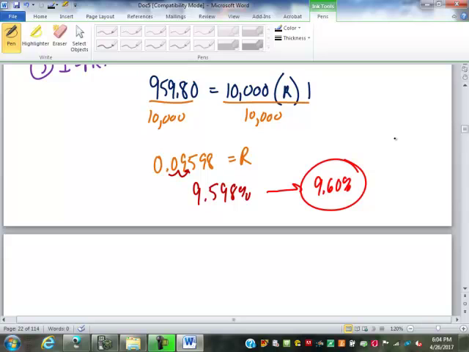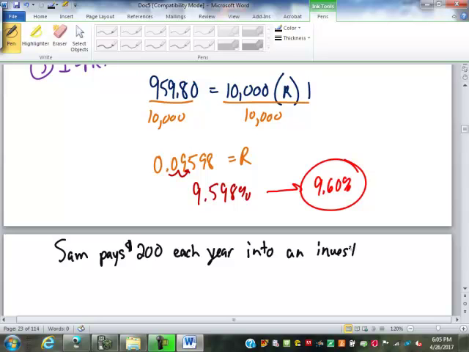Okay. So Sam pays $200 each year into an investment that earns 9% annual interest.